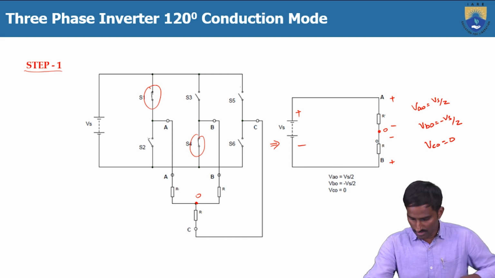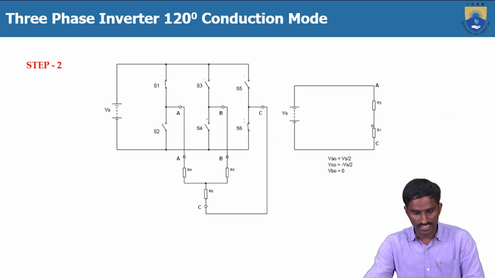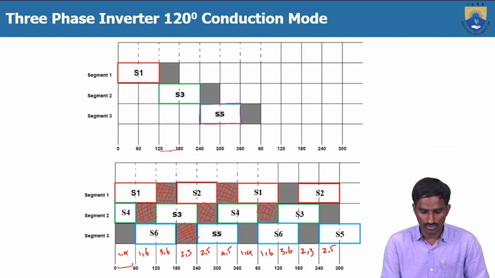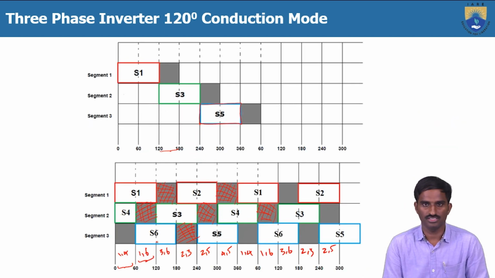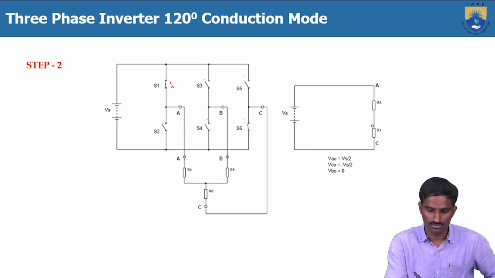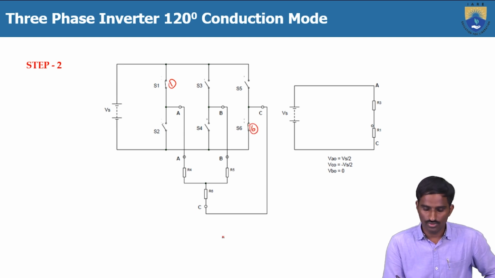Right? Then in the next step, from the control circuit, which two thyristors are conducting? 1 and 6. Here the 1 is connected to phase A and 6 is connected to phase C; the 1 is the upper switch and the 6 is the lower switch.